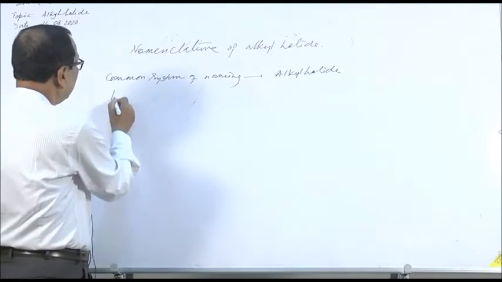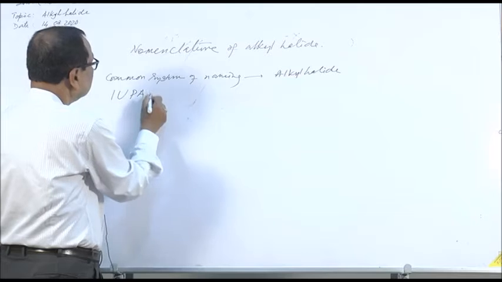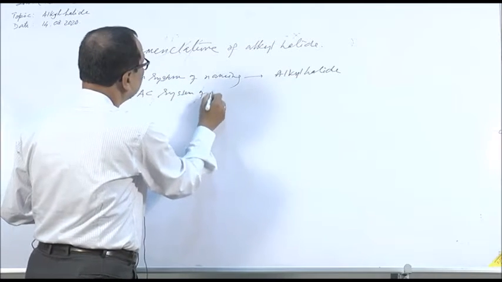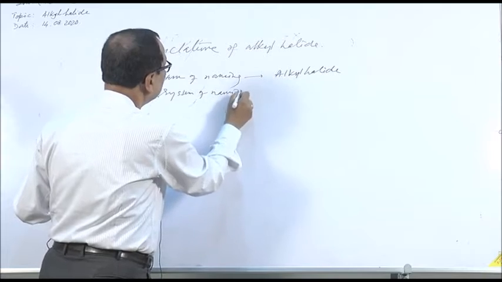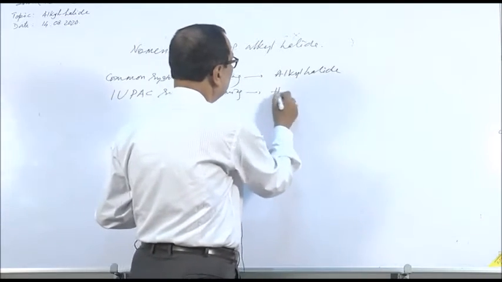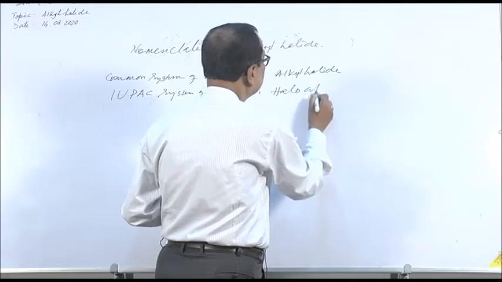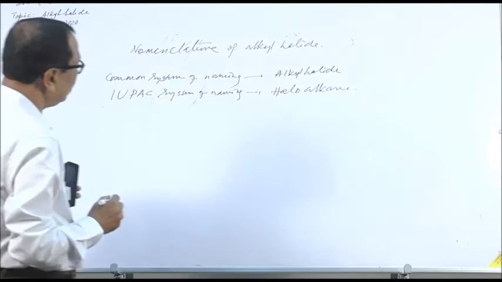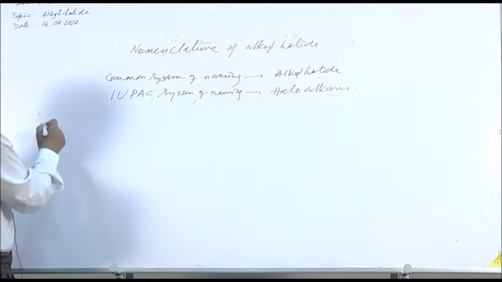In case of the IUPAC system of naming, it is called haloalkane. Now, let us come to the nomenclature of some examples.